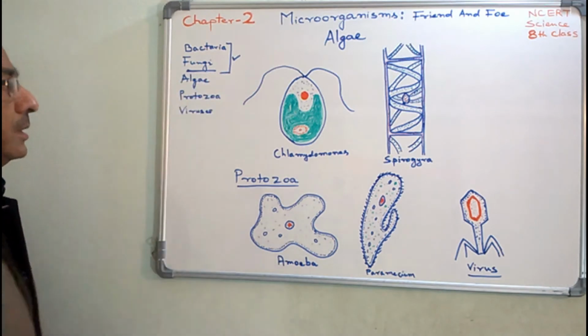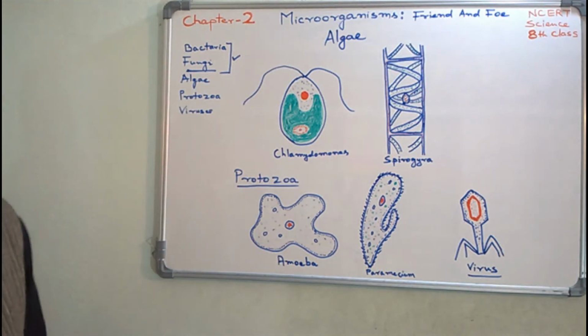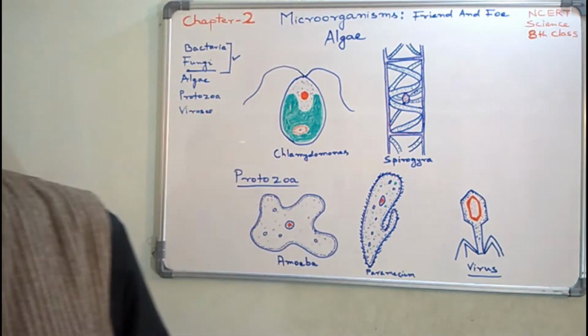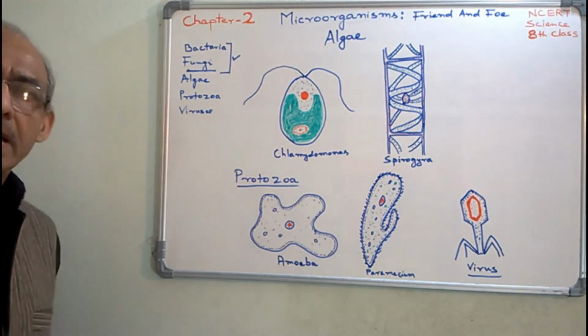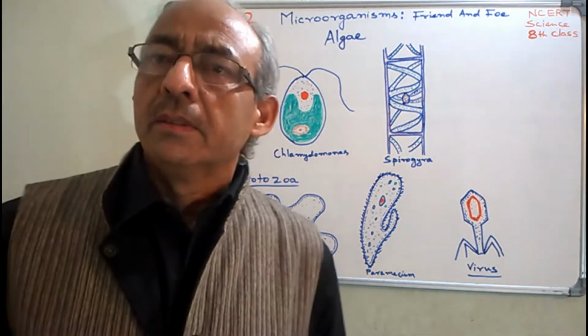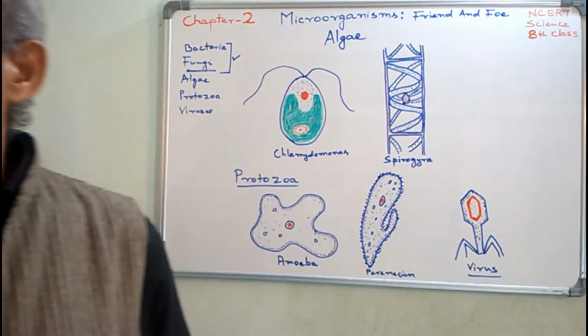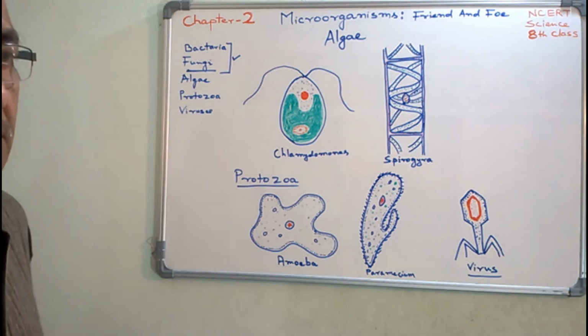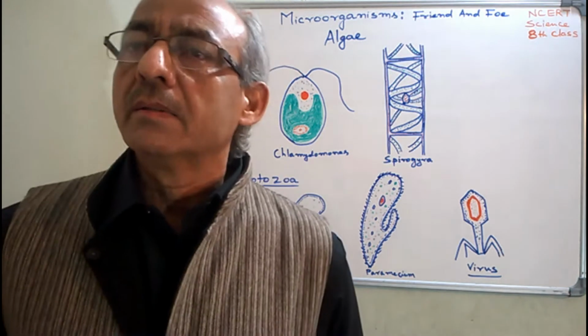And regarding fungi, we have seen that most of the fungi are also heterotrophic, and the type of heterotrophs is saprophytes. Most of the fungi are saprophytes.